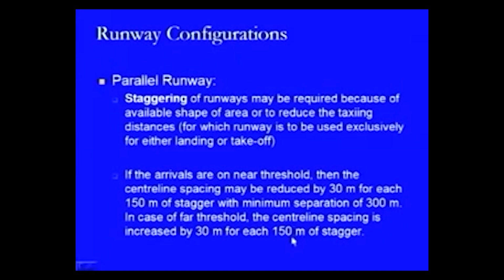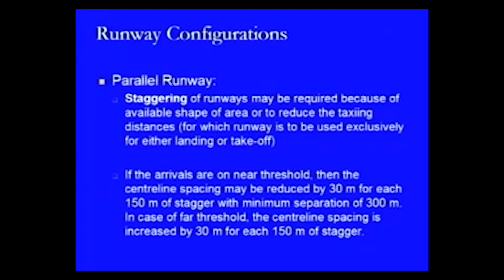In the case of arrivals on near threshold, the center line spacing may be reduced by 30 meters for each 150 meters of stagger, with minimum separation of 300 meters. So, the minimum separation remains 300 meters, but if we are staggering it by 150 meters, then in that case the center line spacing can be reduced by 30 meters.